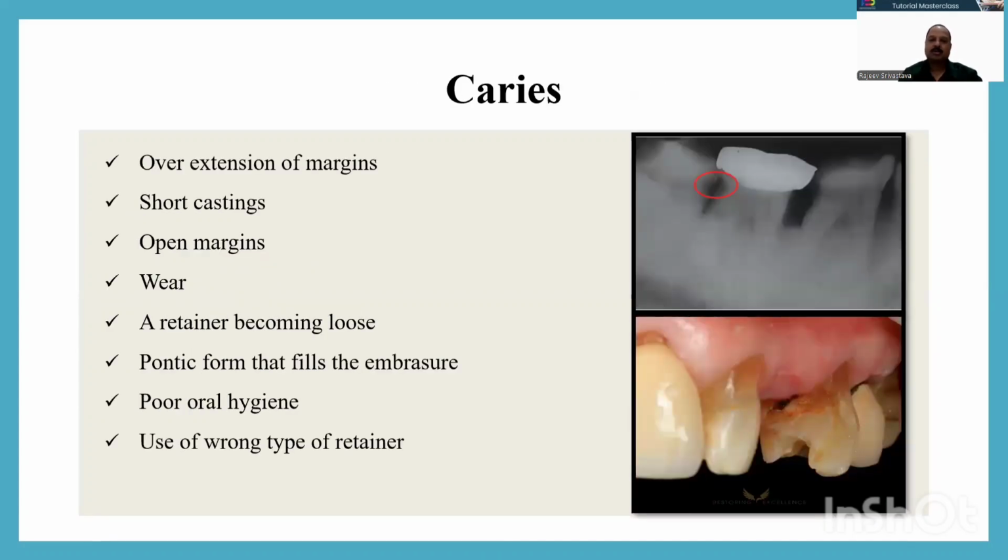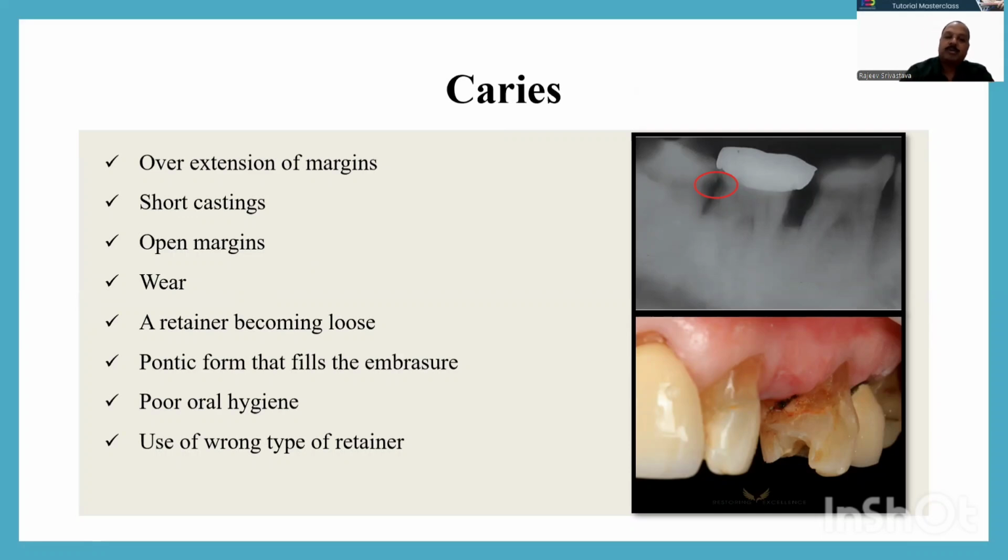Caries can be because of overextension of the margins, short casting, open margins where there will be entrapment of food, wear of the tooth, or a retainer becoming loose. Once the retainer becomes loose, there will be entrapment of food within the retainer, which will lead to failure.